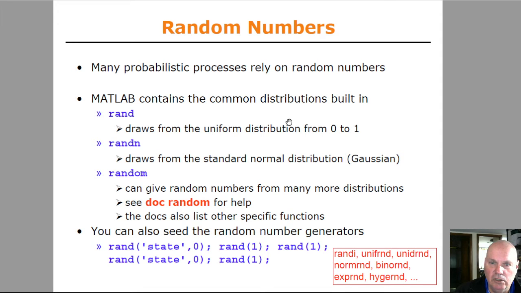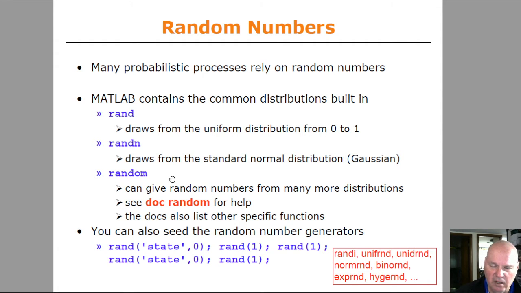Some other functions are available in addition to the basic rand function. You can use randn, which will draw numbers from a standard normal distribution, with a mean of 0 and a standard deviation of 1. You can use the random function to generate random numbers from many more distributions.